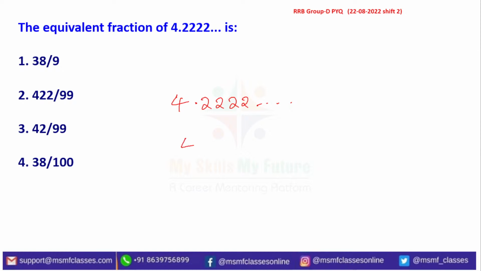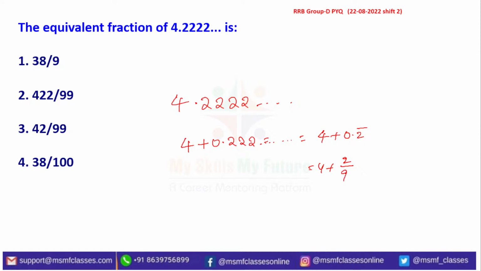Write 4 plus 0.222, which can be written as 4 plus 0.2 bar. 0.2 bar can be written as 2 by 9.